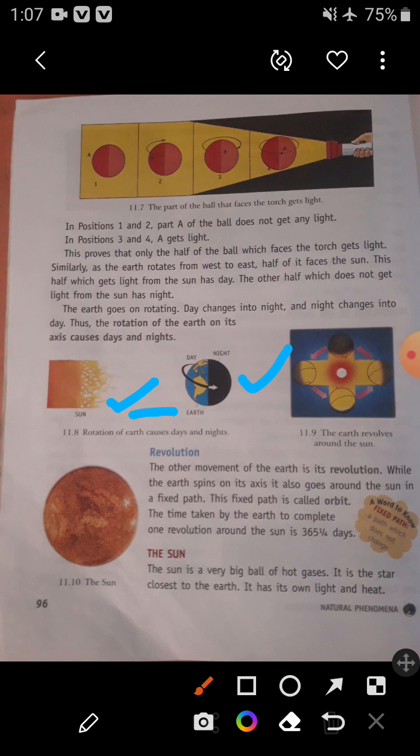My dear students, we already know that Earth rotates on its own axis, and the Earth's axis is an imaginary line that I already taught you in our previous video, running through the center of the Earth from the North Pole to the South Pole, and this axis is tilted at an angle of 23.5 degrees.